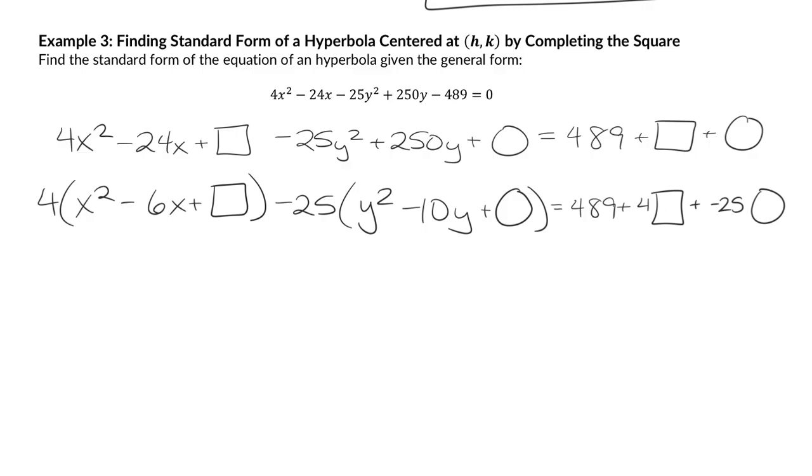What's the tiny little formula for completing the square? B over 2 squared. Very good. And the b is the term next to the regular letter x. So this will be negative 6 over 2 squared, which is negative 3 squared, which is 9. That's what will go here. 9 in the box.